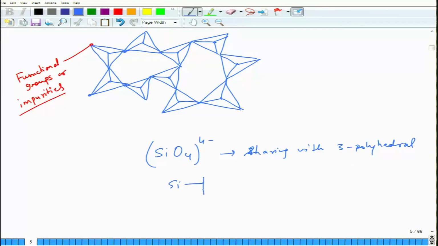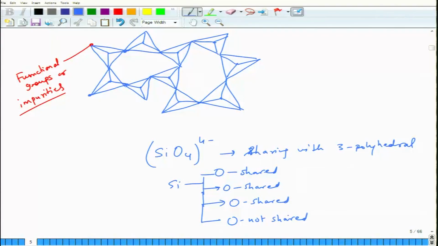Silicon is all right, this oxygen is shared, this oxygen is shared, this is shared, but this is not shared. Which means there is an extra charge. This extra charge is going to be compensated by, let us say, an impurity.